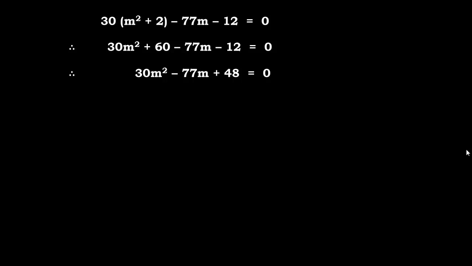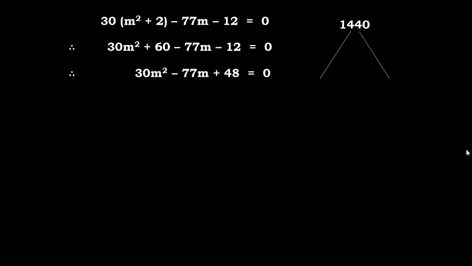Now see student, this is a quadratic equation. Now we can solve this quadratic equation, and first we will get the value of m. For that, first we multiply 30 and 48. We will have 1440. Now you have to take factors of this so that their addition will become minus 77.